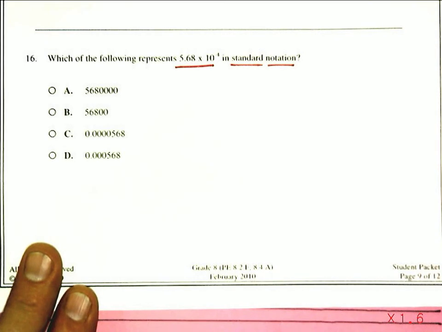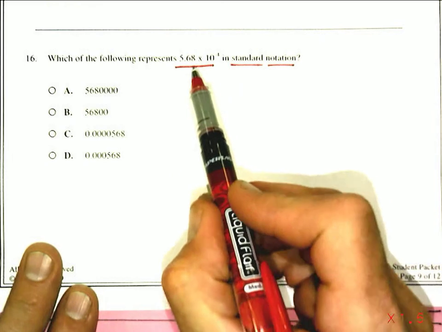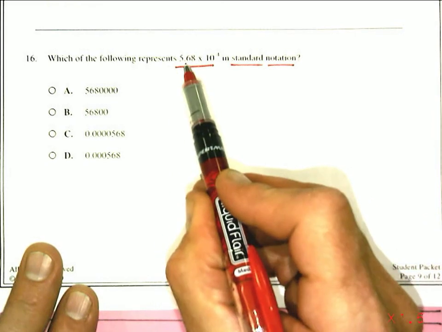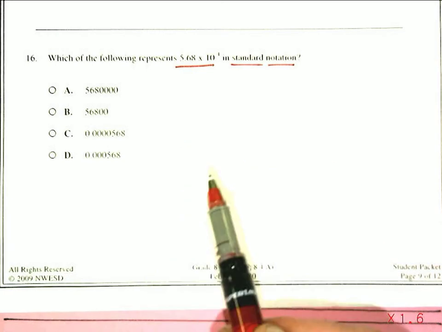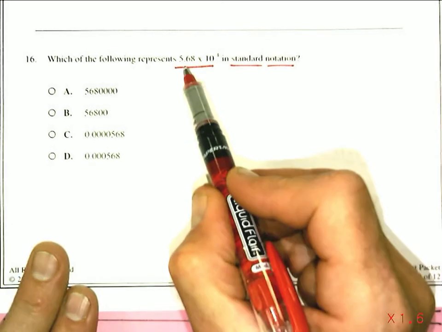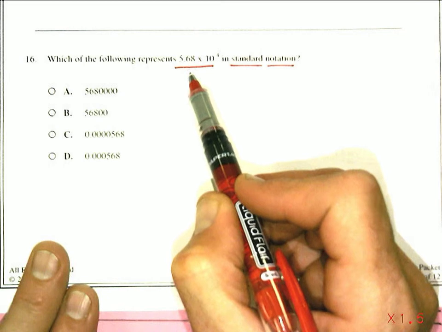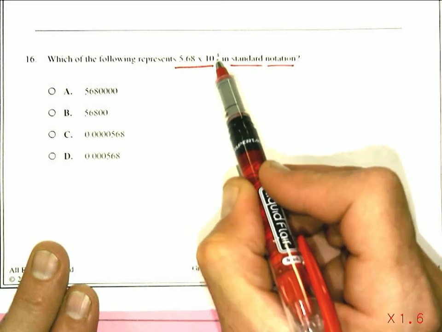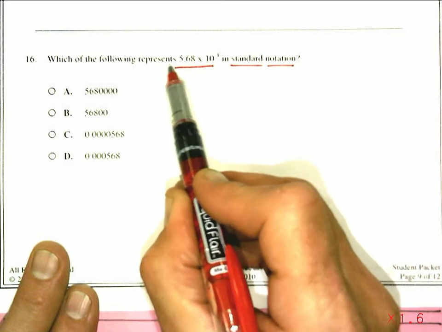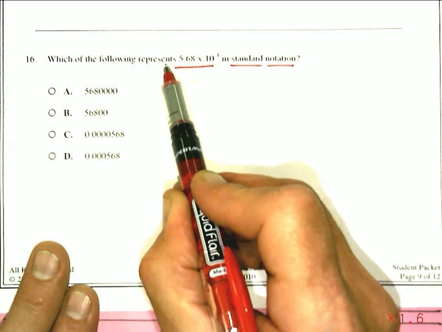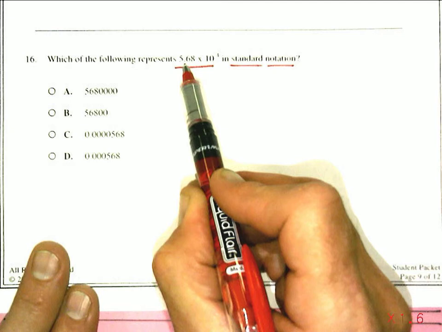It just means that we've moved the decimal point in a way to take a small number and make it into just one number before the decimal point. And so what that means is that we took the decimal point from its original point, which was further over to the left, and moved it to the right 4 places.